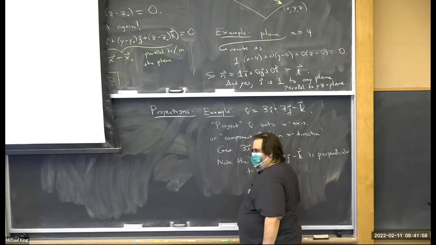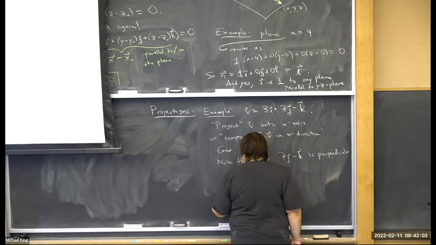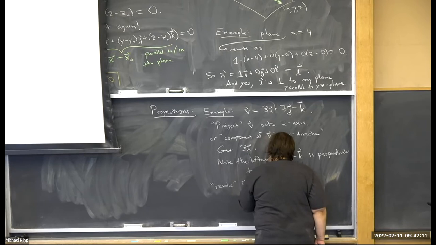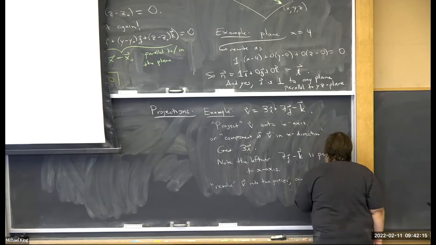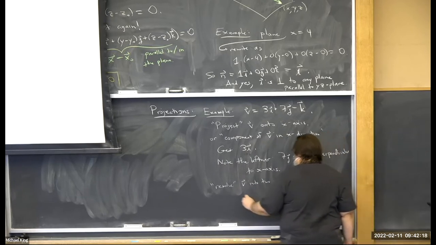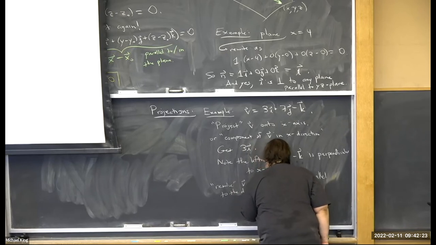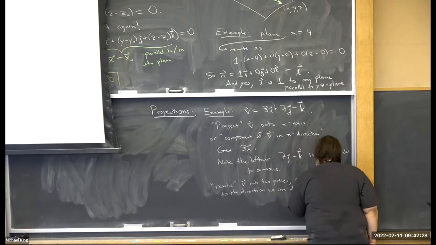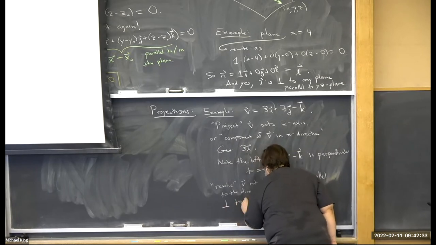Okay, I don't want to get too physicsy in this class. It's supposed to be a math class. So we resolve v into two pieces: one parallel to the direction we care about, and one perpendicular to that direction.